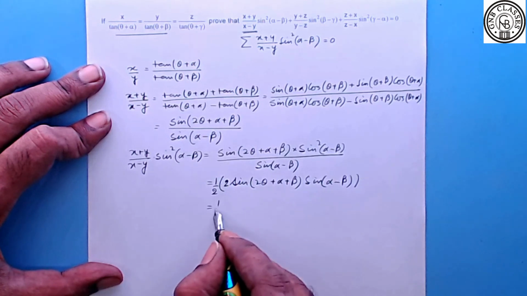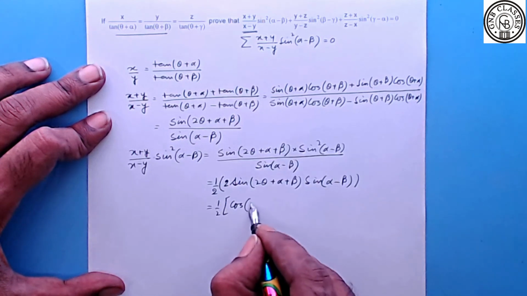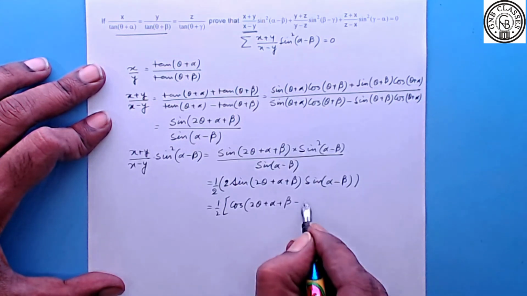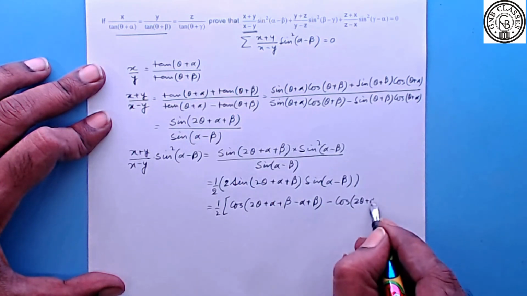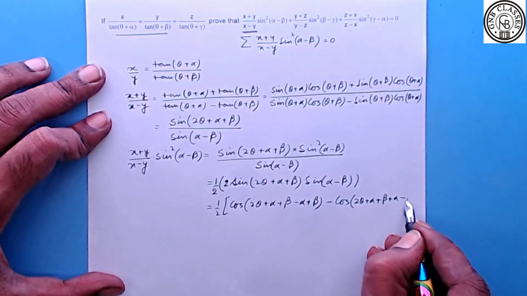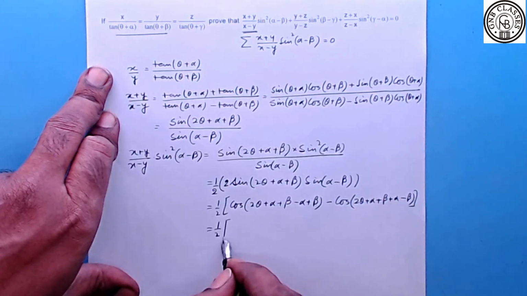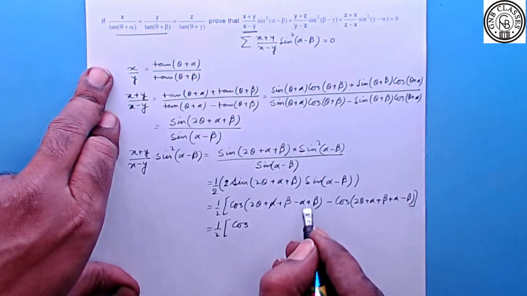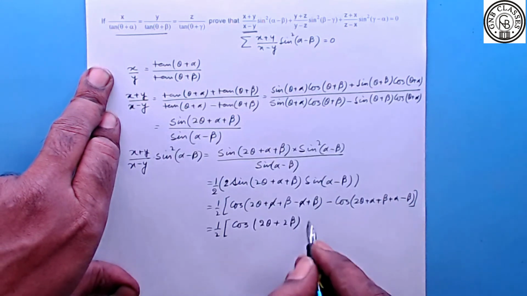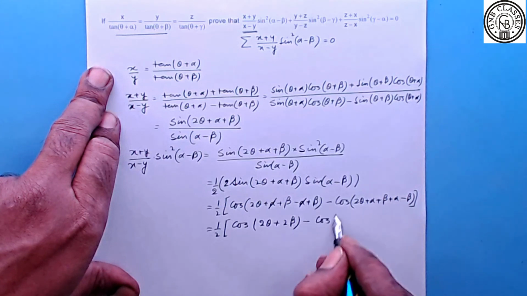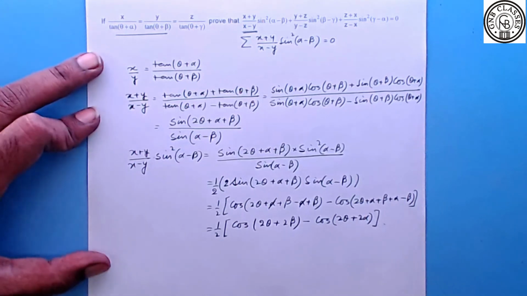So we can now apply the formula of 2 sine A sine B, which is nothing but cos A minus B minus cos A plus B. Is it okay? So we are having half, alpha alpha goes off, cos 2 theta plus 2 beta minus cos 2 theta plus 2 alpha. Is it fine with you people?